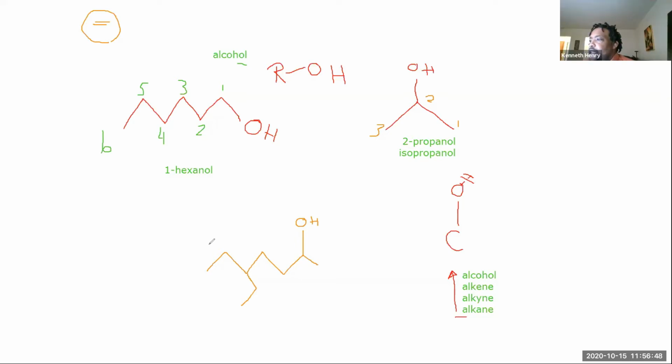Okay, so let's look at this guy down here. So what am I going to do first? Find the longest chain. Okay, there's 2 and they're both 7. So we have options, right?